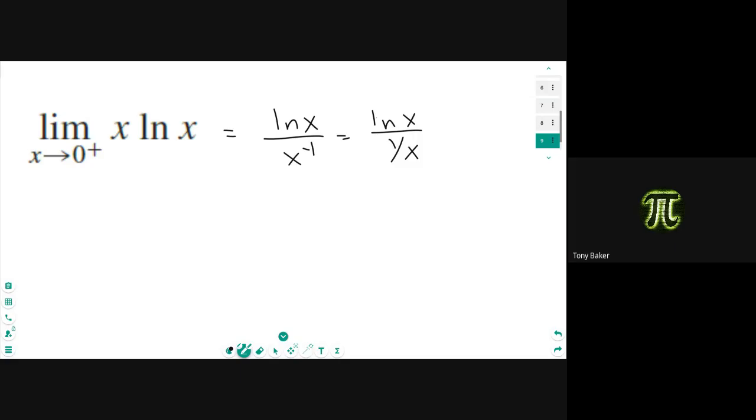Okay, I now have a fraction. Is it still indeterminate? Ln of x is going to infinity. 1 over x is going to infinity. So now it's infinity over infinity. Still indeterminate, but now I have a fraction. I can do L'Hopital's rule.